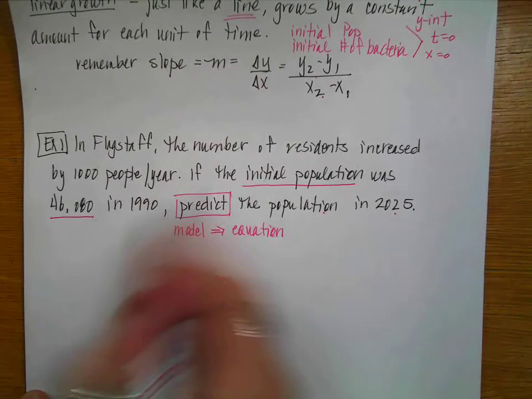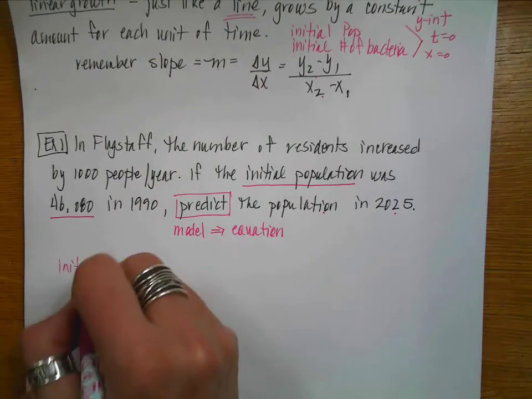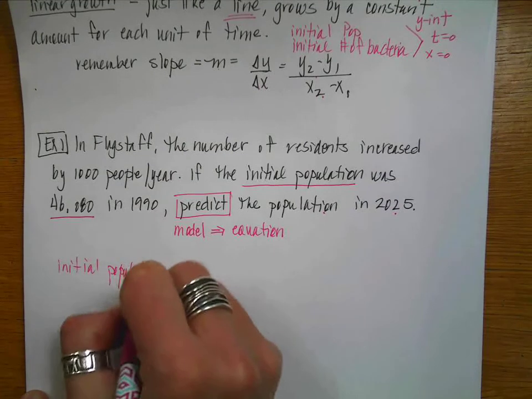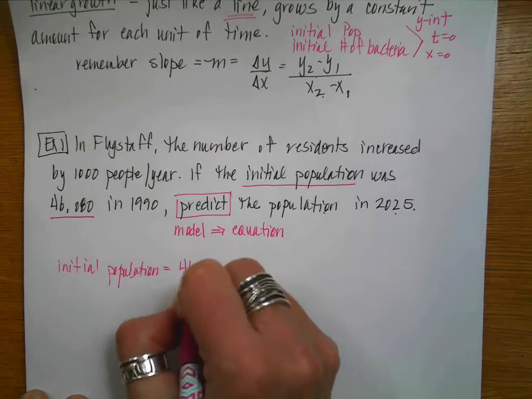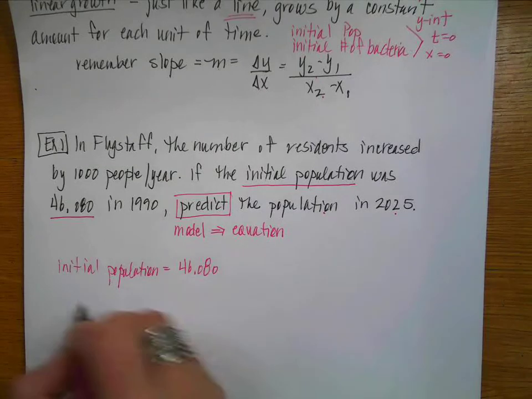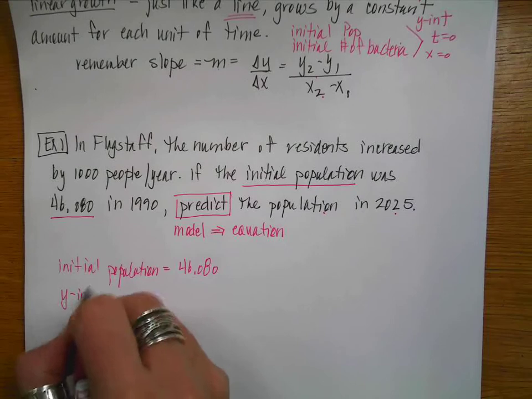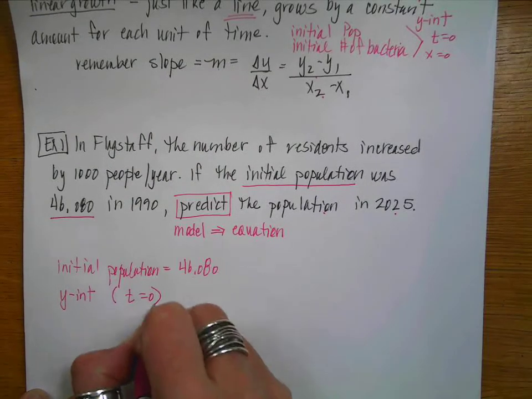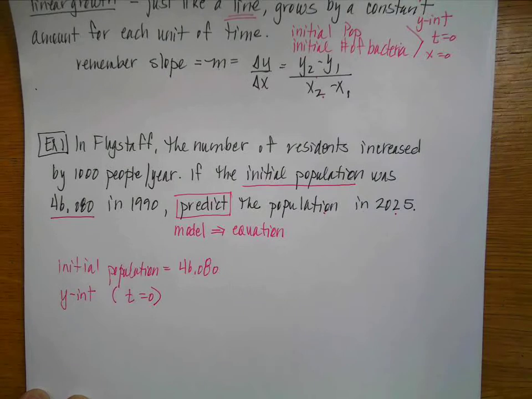So from the information that's given, I'm going to write down that my initial population is going to be the 4680. And so this is going to also be the y-intercept, and that's going to be what happens when time is equal to 0. Okay?